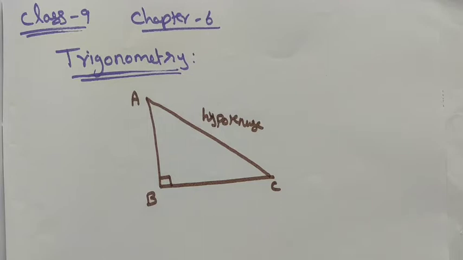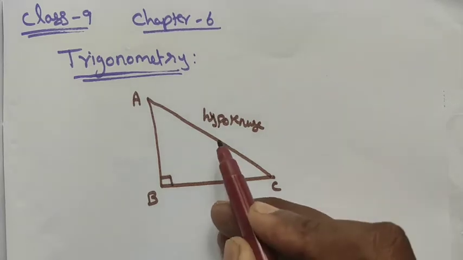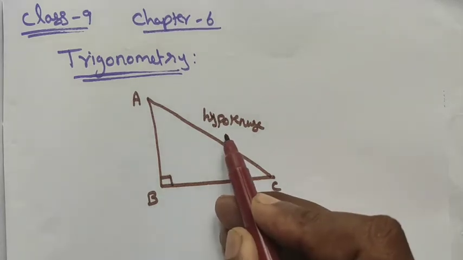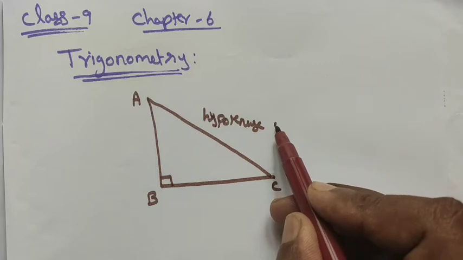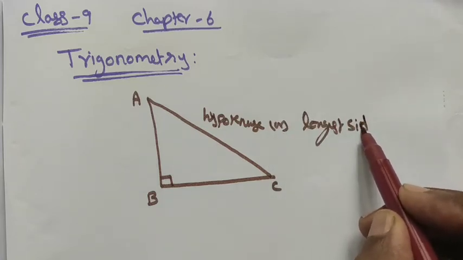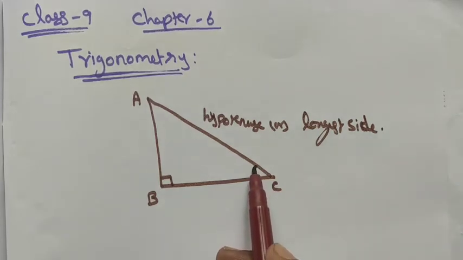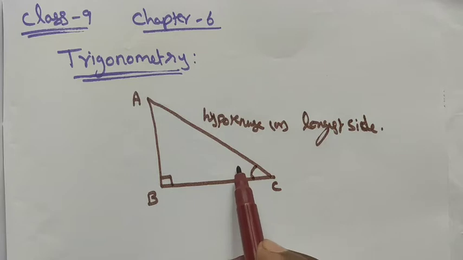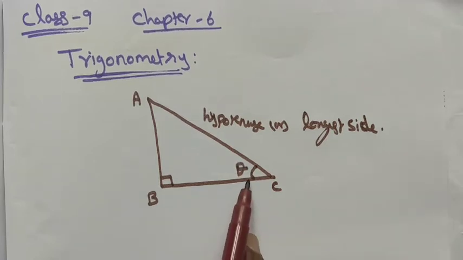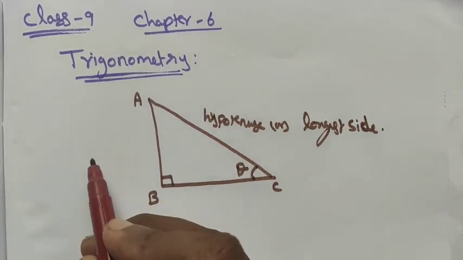By using this we are going to write the ratios, right? Suppose this is 90 degree, the opposite of 90 is the hypotenuse side, otherwise we call it the longest side. Now if the angle theta is marked here, the opposite of theta is always the opposite side.